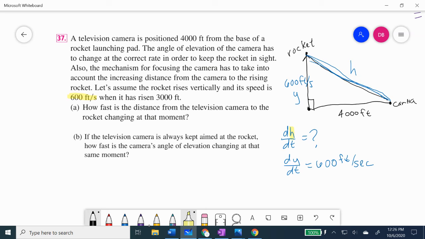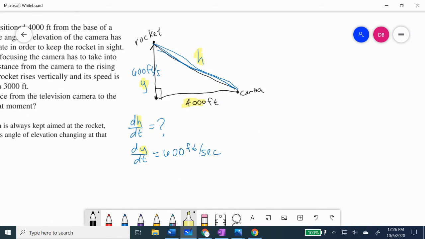So when I look at the rates that I'm expected to create, those variables h and y need to be put into an equation. Again, notice no angles are chosen here. And if you take a good look at this triangle, woo, Pythagorean theorem, here we come. So 4,000 squared plus y squared equals h squared.